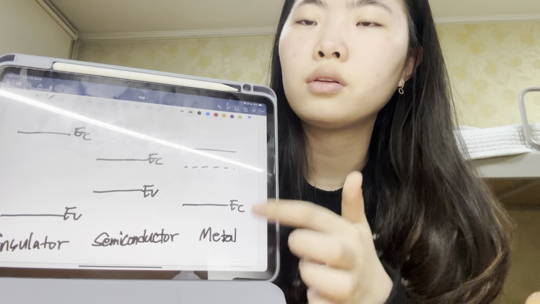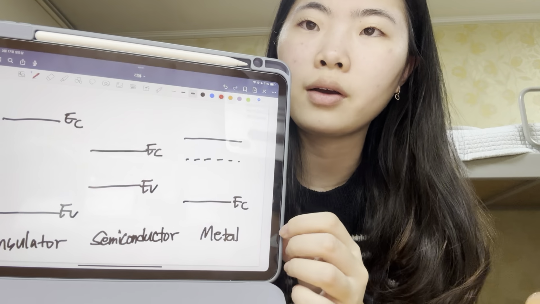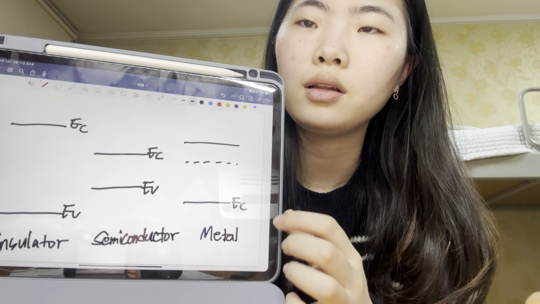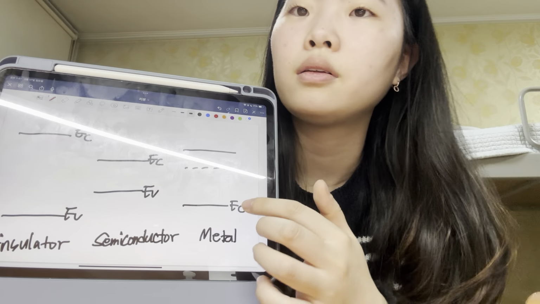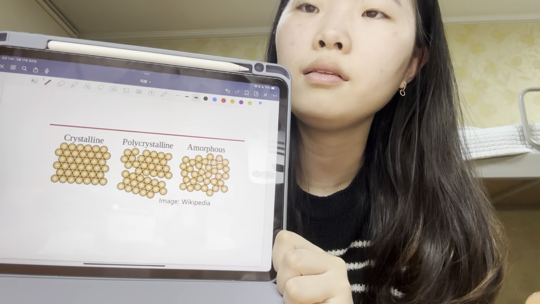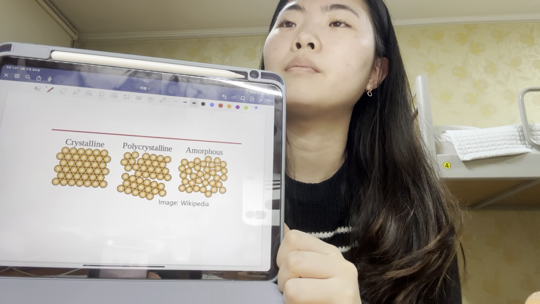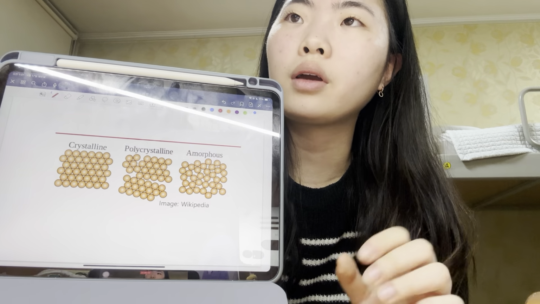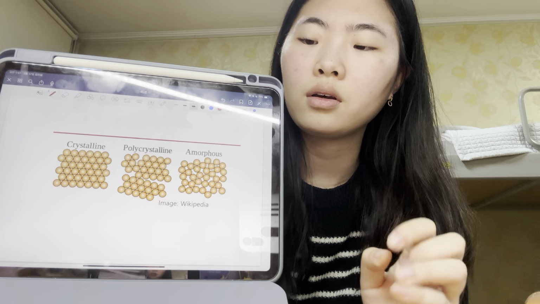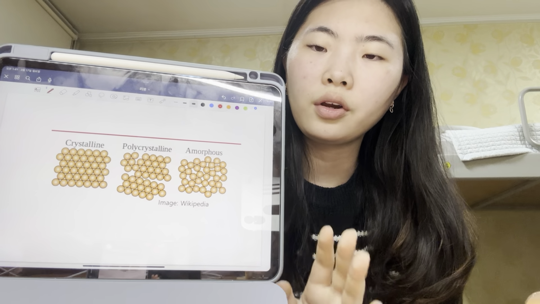So the energy diagram is going to look like this. And this is the material characteristic of the semiconductor material.